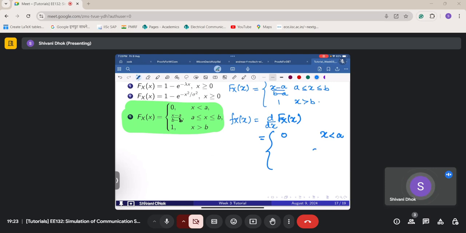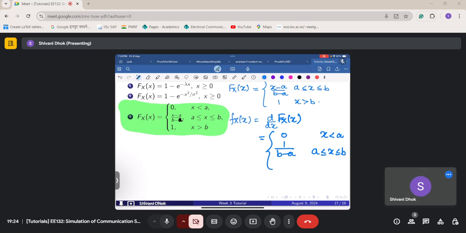For x ranging from a to b, it is the derivative of (x minus a) by (b minus a), which is 1 upon (b minus a).